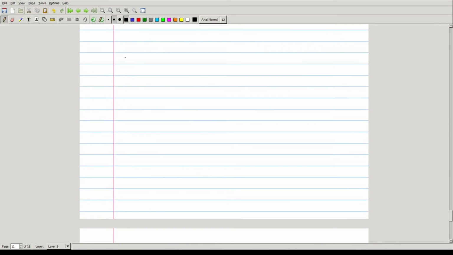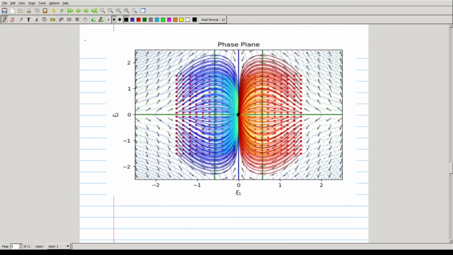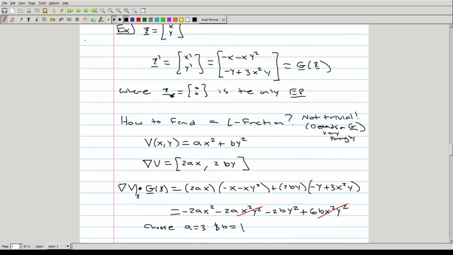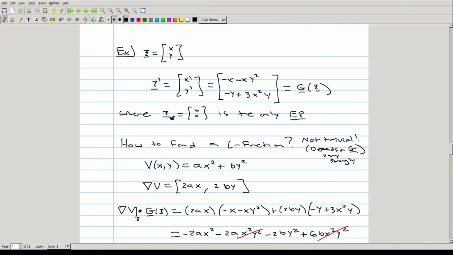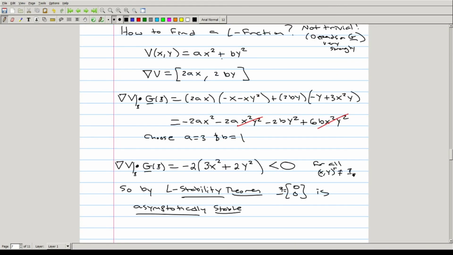So we go back for a second to the example prior. This example right here, we ended up showing that this was the Liapunov function with a equal to 3 and b equal to 1 for this system of differential equations.